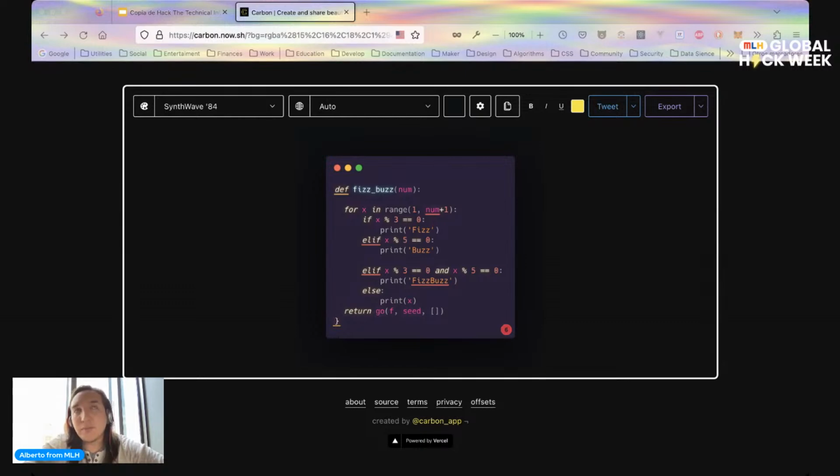So a problem here is that, for example, if a number is divisible by 3, it will not get to 5. You see why? So it can never print FizzBuzz.